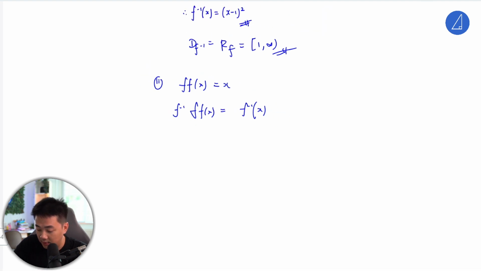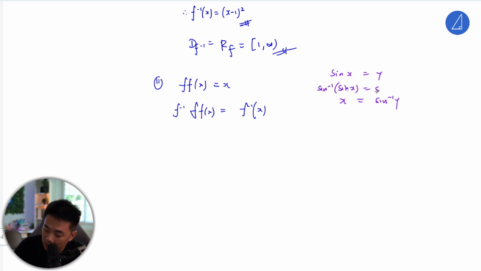It's just like in secondary school when you have sine x equals y, we write this as x equals sine inverse y. What happens here is we apply sine inverse to both sides. The sine and the sine inverse would just nullify, and you get back x. Similarly, these two would just nullify, and I'll get back f of x.